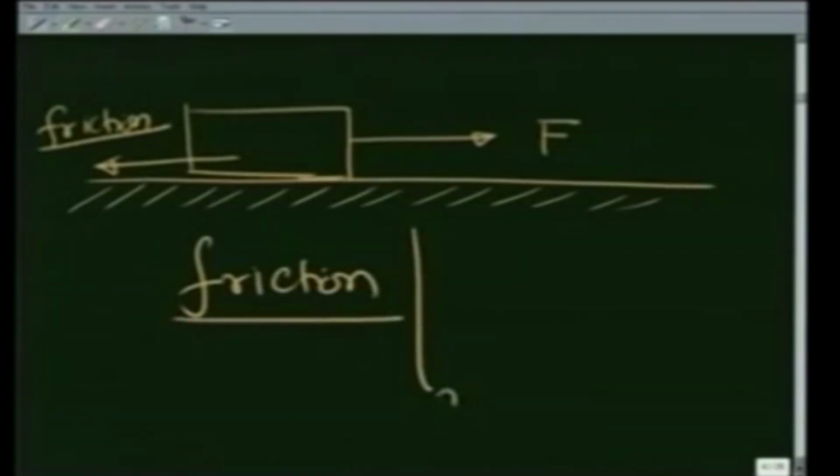It is observed experimentally that the maximum frictional force that a surface can apply on a given mass is given by mu times N, where mu is a constant, and I will put a subscript s here to indicate that this is static friction. Friction is slightly different when the body starts moving, and we will be discussing that.